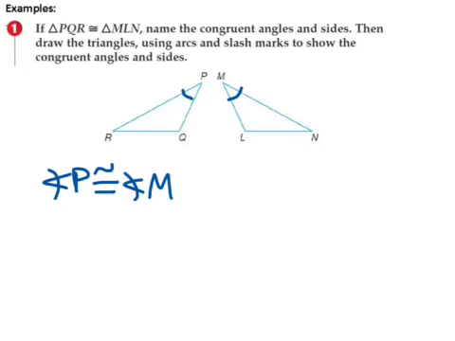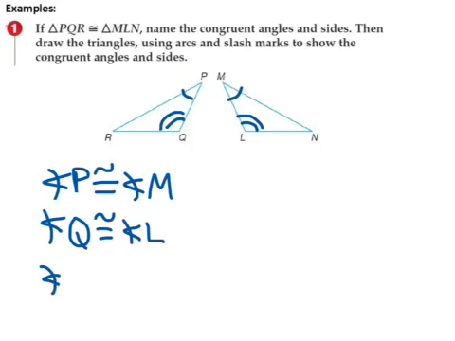We also know that angle Q is congruent to angle L and indicate that by arcs. And finally, angle R in the first triangle is congruent to angle N in the second triangle. And we can indicate that with arcs.